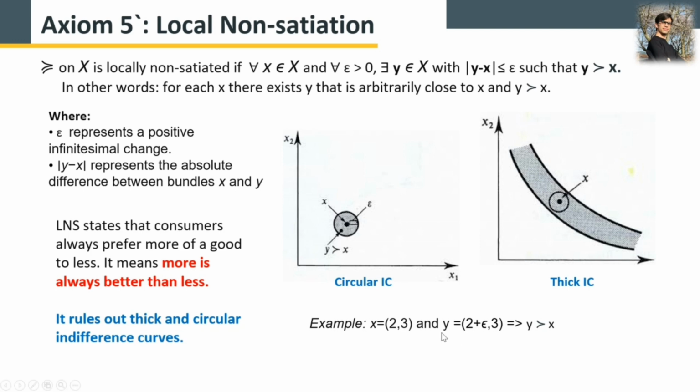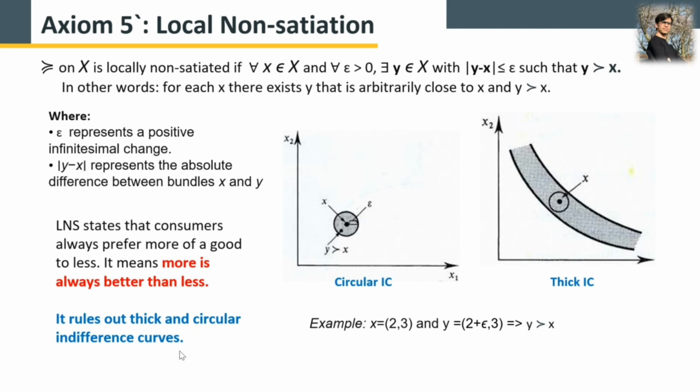In this case, the bundle Y, which has slightly more apple than bundle X, is strictly preferred to bundle X. Even though this epsilon is very small, for example, 1/5 of an apple, still, because Y has more of at least one good, which is apple, Y is strictly preferred to X. So this axiom, LNS, rules out thick and circular indifference curves.